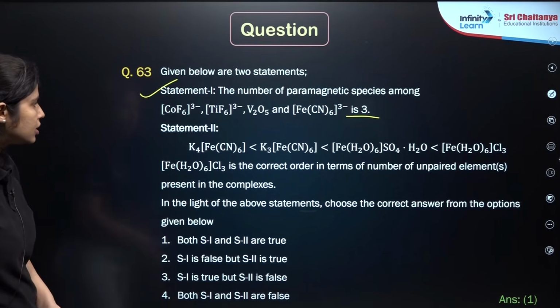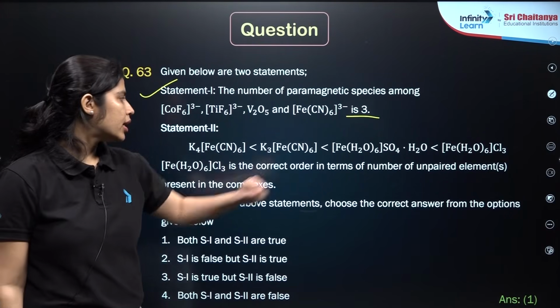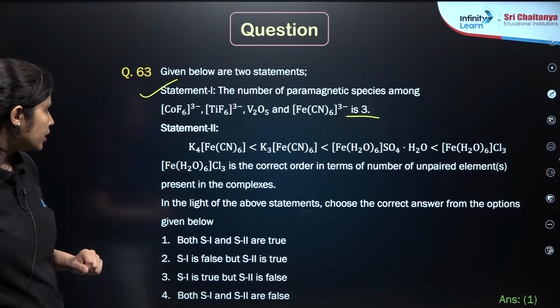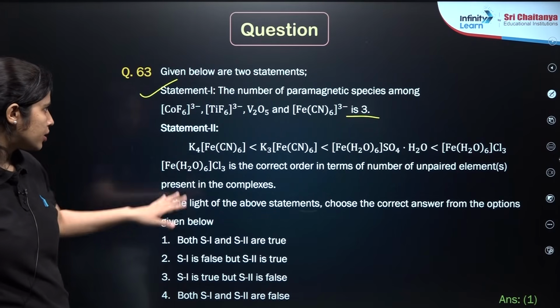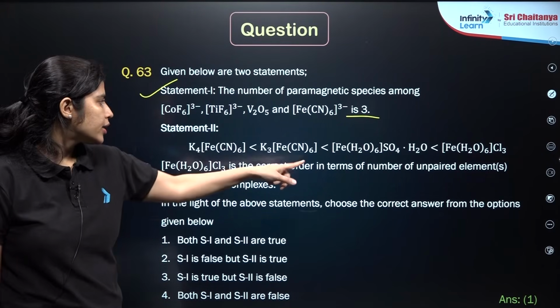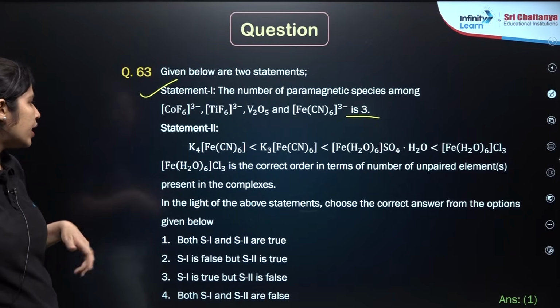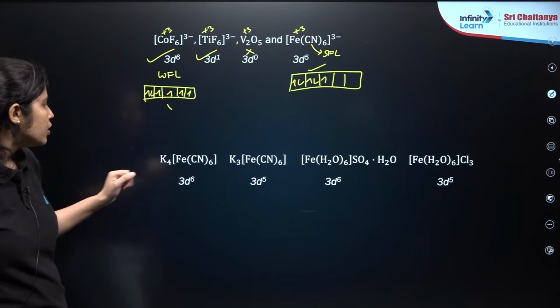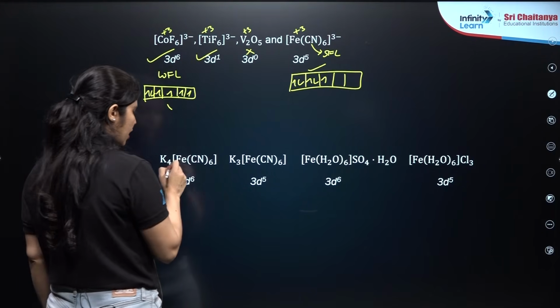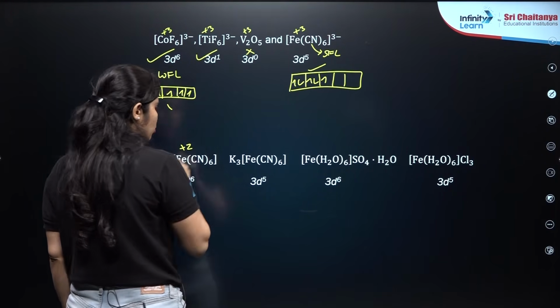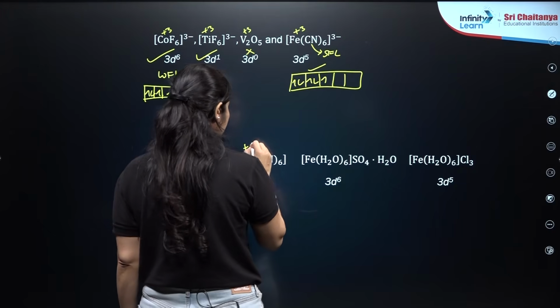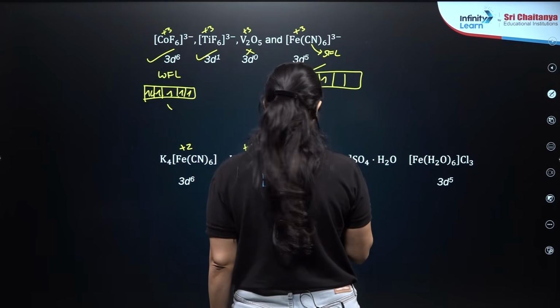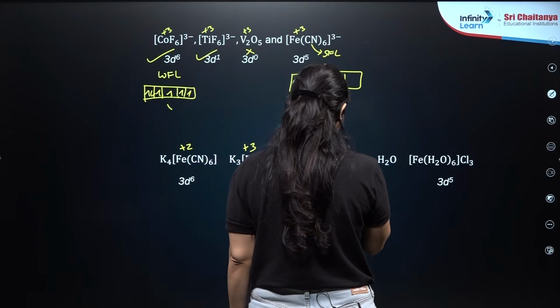Next is the statement that these are arranged, right? And we also have Cl, okay, so this is the same one, right? Is this the correct order in terms of the number of unpaired electrons present in the complexes? So let's look at that as well. As you can see here, iron is going to have a +2 configuration. Here it is going to have a +3 oxidation state.